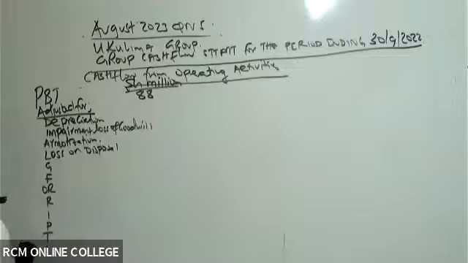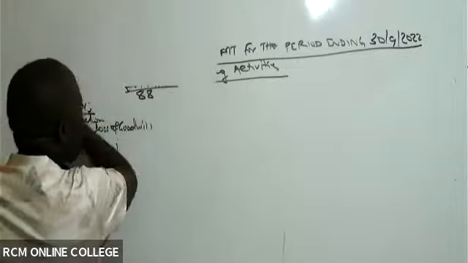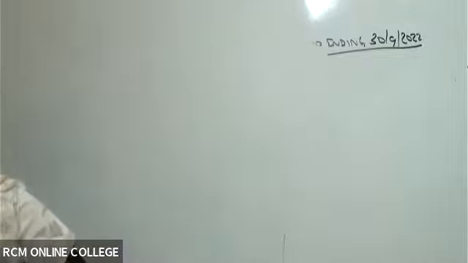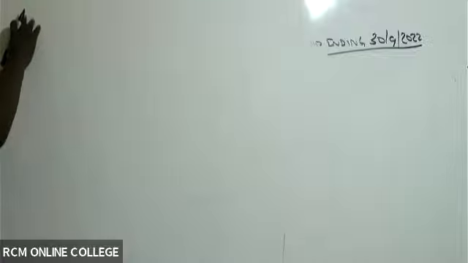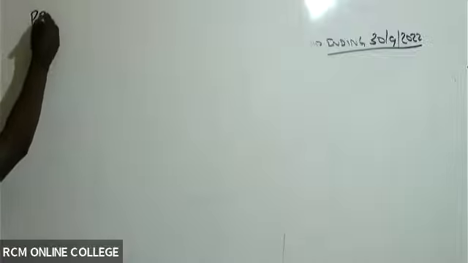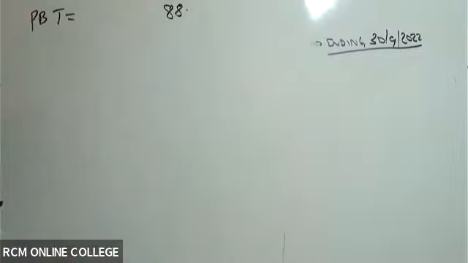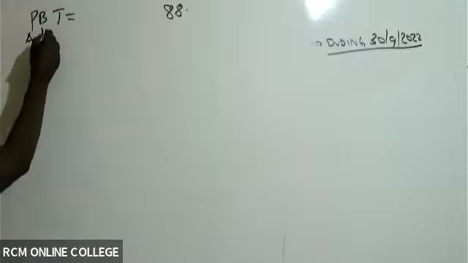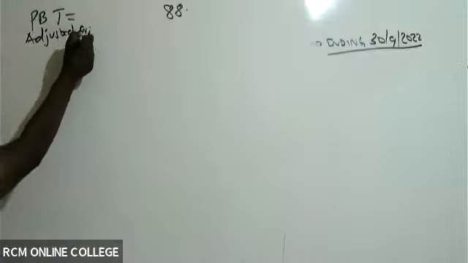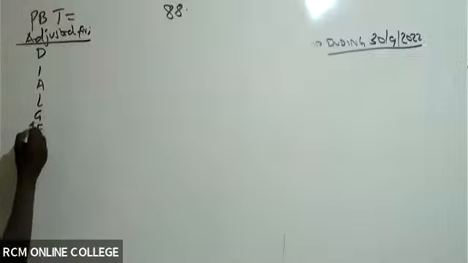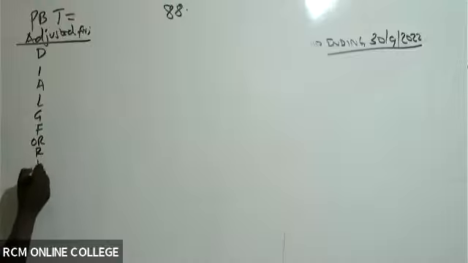Let me just write this. So we have here our profit before tax of 88 million. And then we are saying adjusted for: dial God's number for food, or you rest in peace totally, indefinitely.